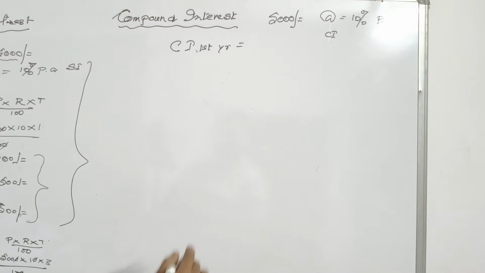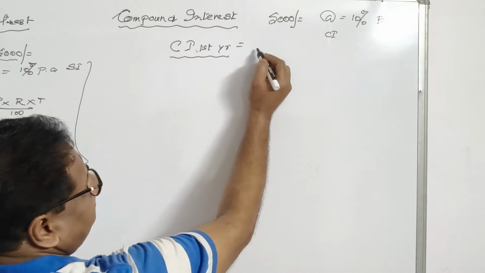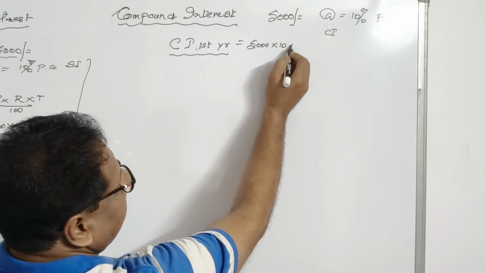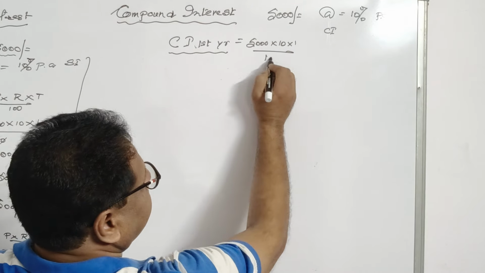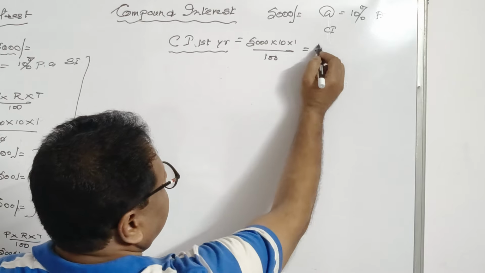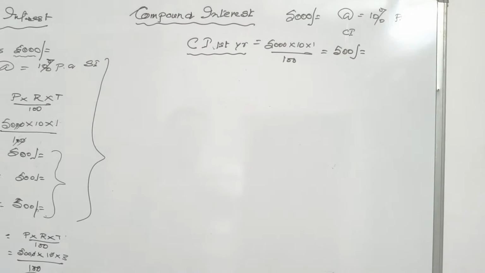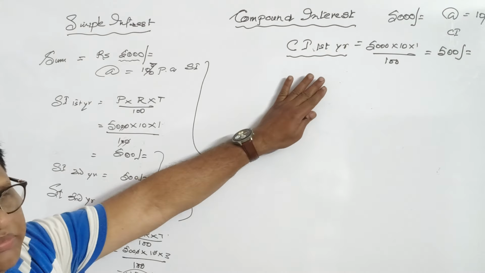Now the CI for the first year equals 5,000 into 10 into 1 by 100. Well, this is the same figure, that is 500. So the CI and SI for the first year is the same.